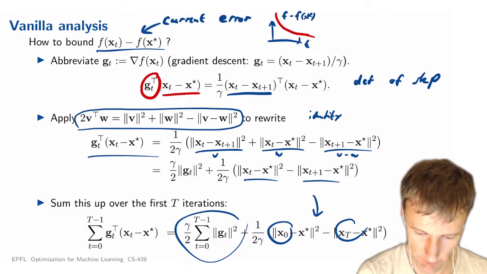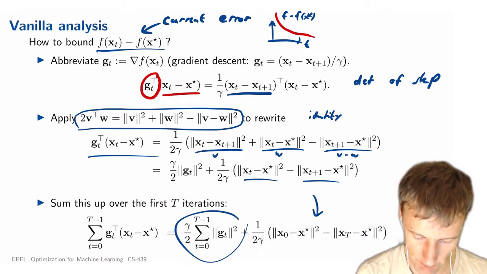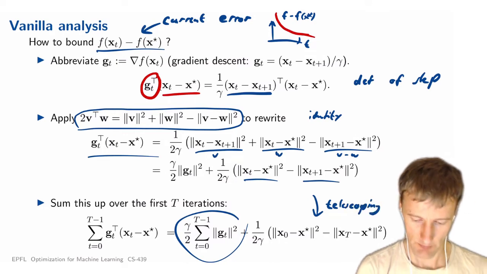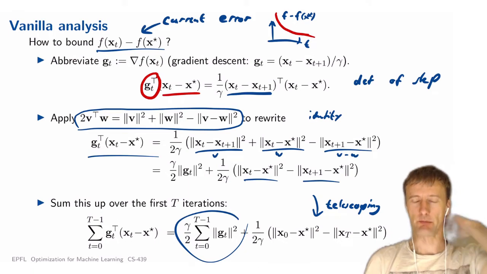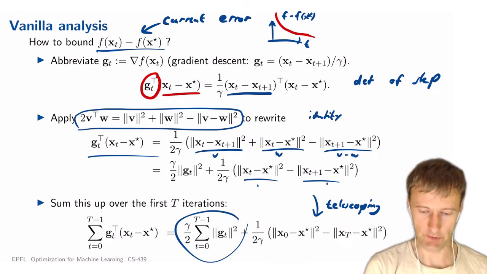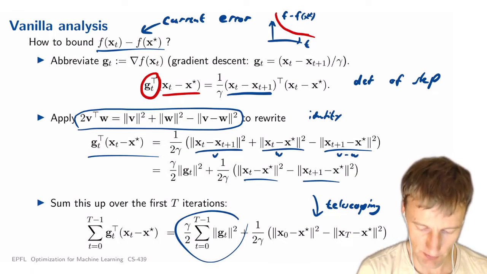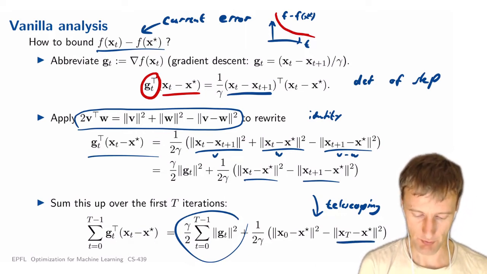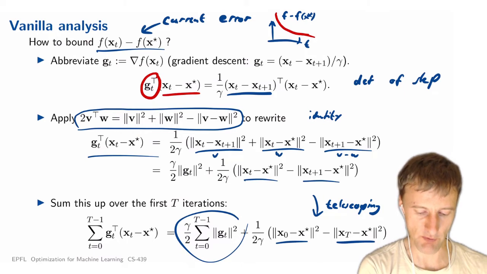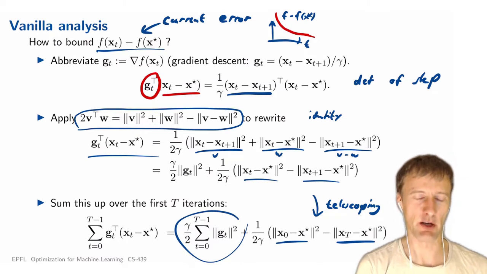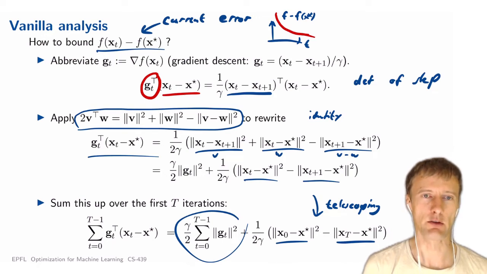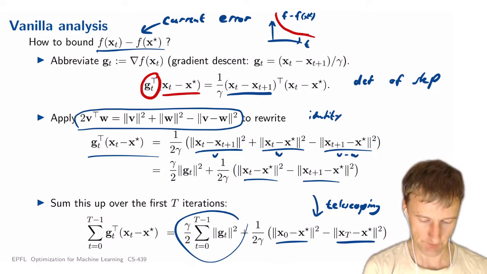This is what we call a telescoping sum. Just summing up all these and seeing that only the last one and the first one survive. So the last iterate, how far am I from the optimum? And the first iterate, how far am I from the optimum? These have a very nice interpretation. That's why we like these terms, and the gradients also have a useful interpretation, as we're going to see.